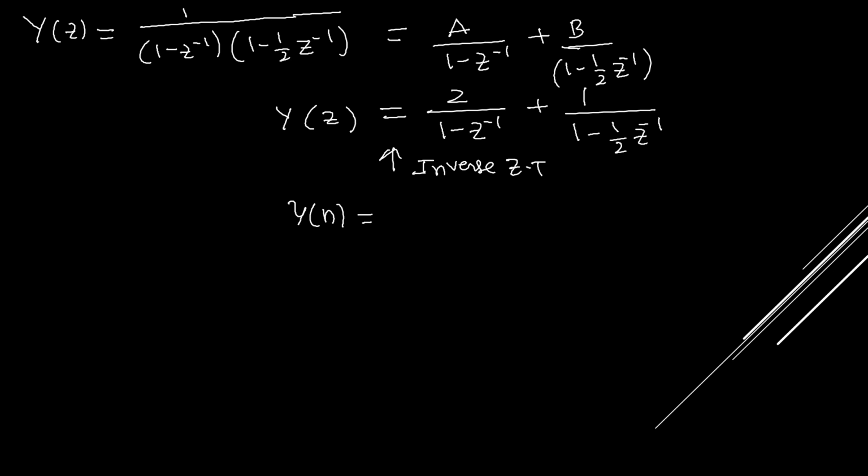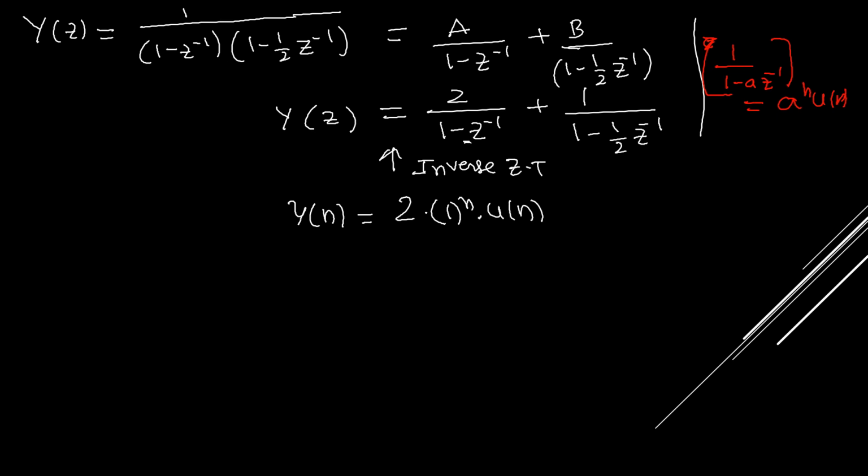If you know the standard formulas, the inverse z transform of 1 by (1 minus a z power minus 1) is a power n into u(n). Here a is 1, so I can write 1 power n into u(n). And for this term, a is equal to 1 by 2, so from the formula it is (1 by 2) power n into u(n), right?